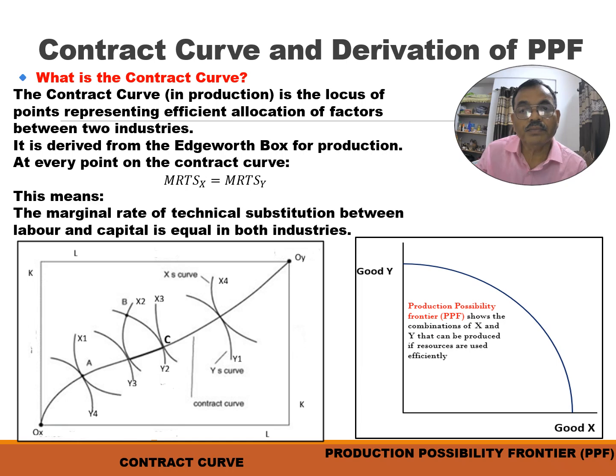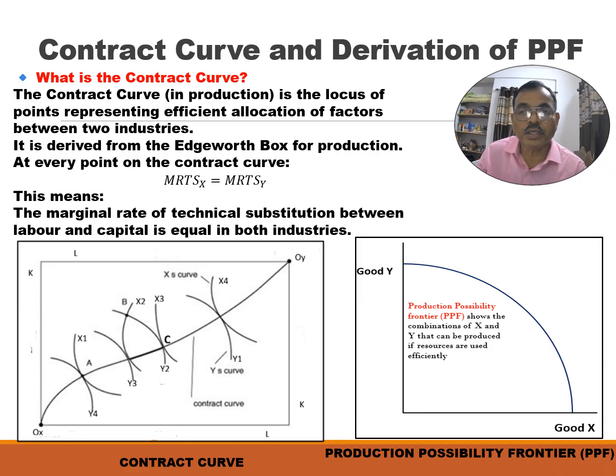The contract curve represents all efficient allocations of labor and capital between the two goods. At each point on the contract curve, the marginal rate of technical substitution, that is the rate at which labor substitutes capital, is equal in both industries. This condition ensures production efficiency.